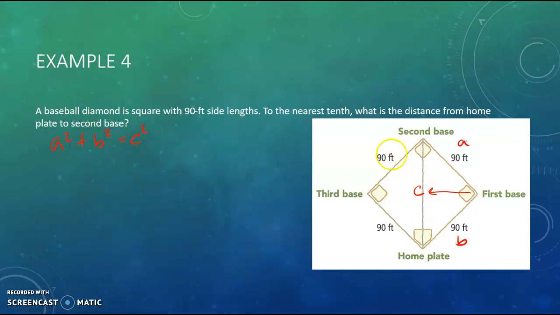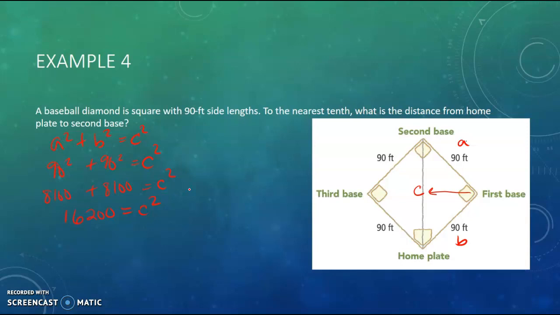We're looking for C, we don't have that length. So then we do 90 squared plus 90 squared equals C squared. And so then 90 squared is 8,100. So plus 8,100. Add these together and we get 16,200 equals C squared.